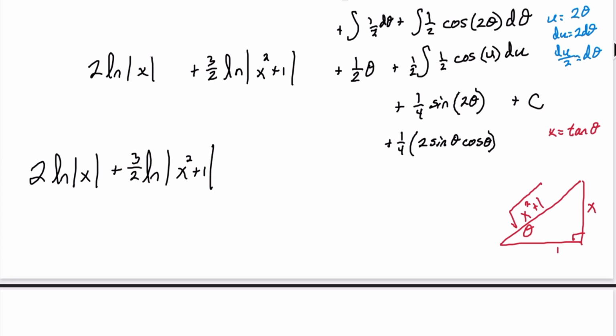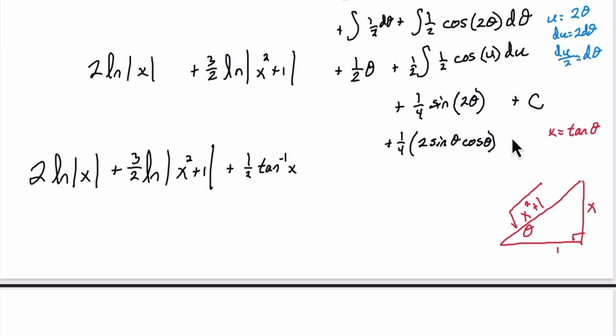Now looking at 1/2 theta. 1/2 is just a constant, so we can pull it out. And think of theta. If we needed to solve this equation for theta, we'll take the arctan of both sides, which means we'll get the arctangent of x, or inverse tangent x.